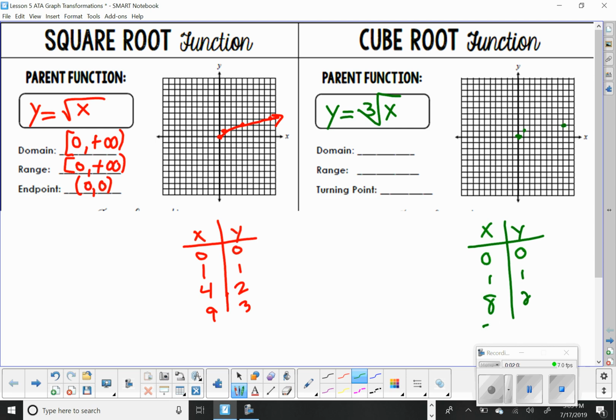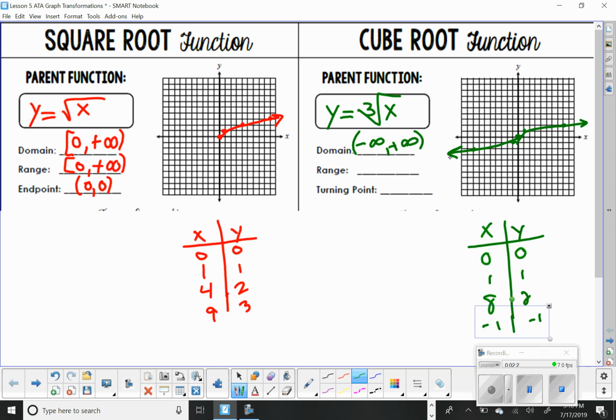Then, if we do negative 1, we get negative 1. And negative 8 is down here at negative 2. And this is our graph. The domain, notice, goes forever left and forever right. So that's negative infinity to positive infinity.